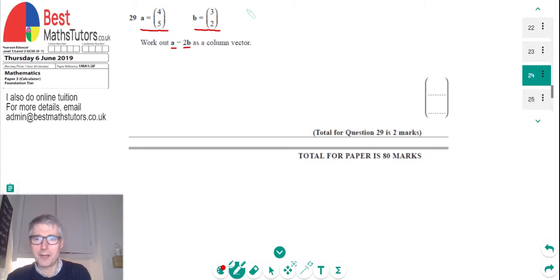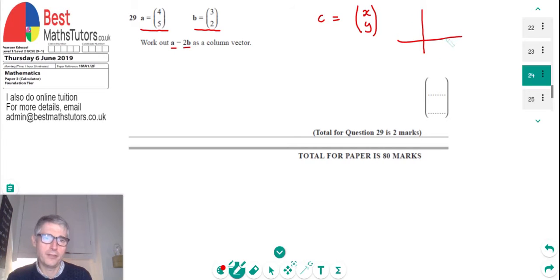To explain a little bit about what a column vector is, if I've got a column vector, which I'm just going to call C so I don't conflict with any of these letters, then what we'd have is the X value and the Y value. And so if you think about a graph, let's imagine X is 2 and Y is 1.